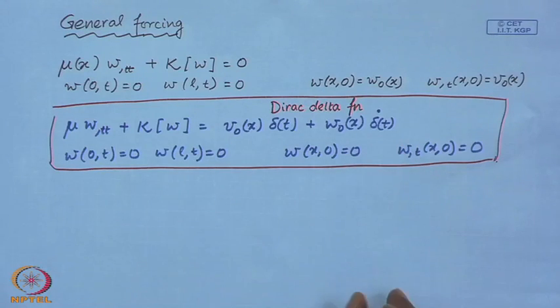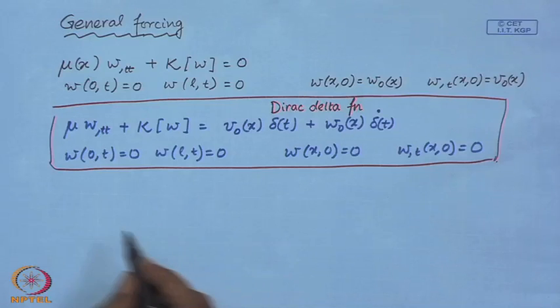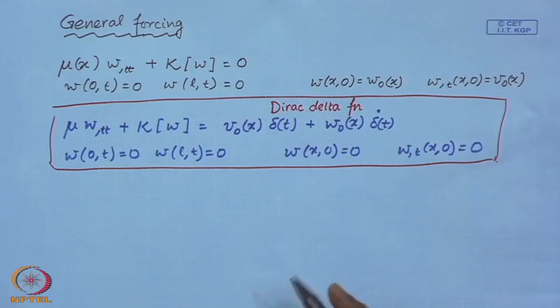So, forcing of this type, or when a force is traveling on a string, for example, on a bridge you have a car traveling at a certain speed. So, you have a traveling load problem or traveling mass problem. Such forces load the structure and they are not harmonic forcing.